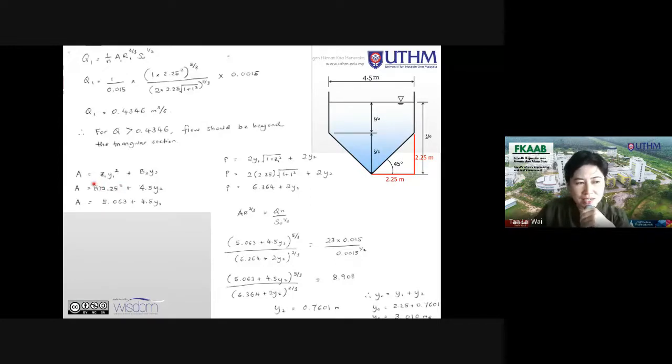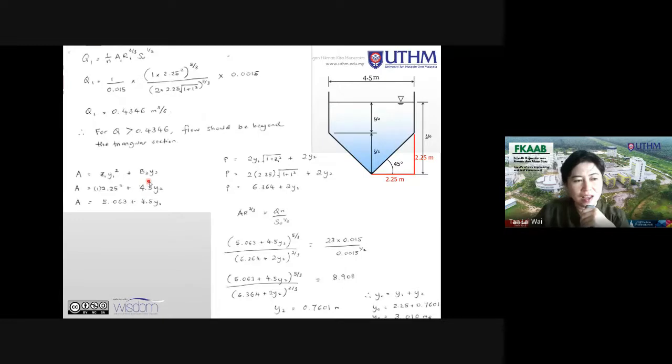So I substitute the formula for the compound section, the triangular as well as the rectangular. So I have my flow area formula. Of course, my Y1, I replace it with 2.25 because I already assume it to be fully covered.